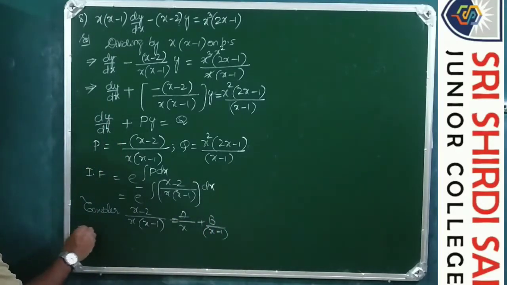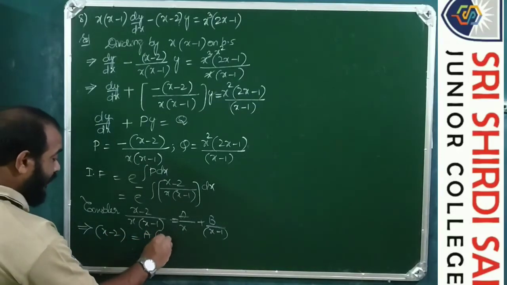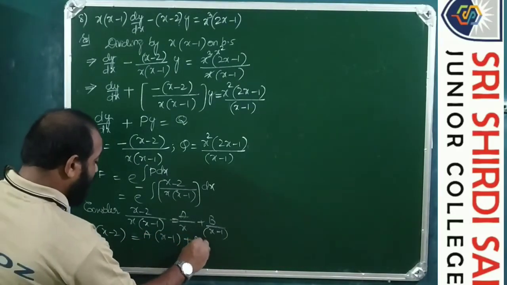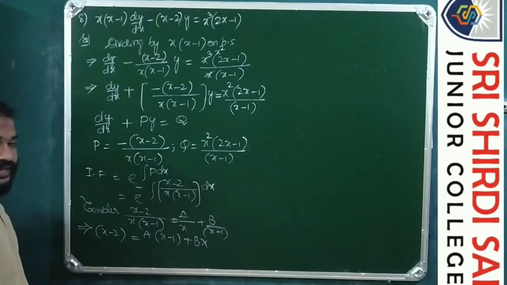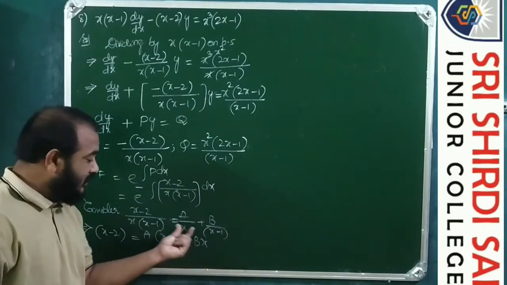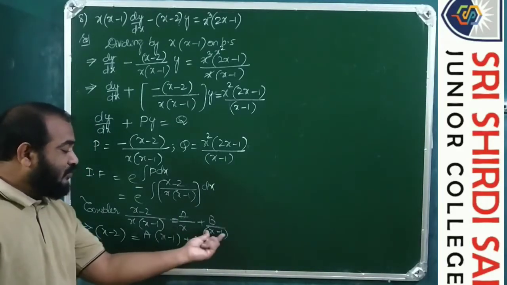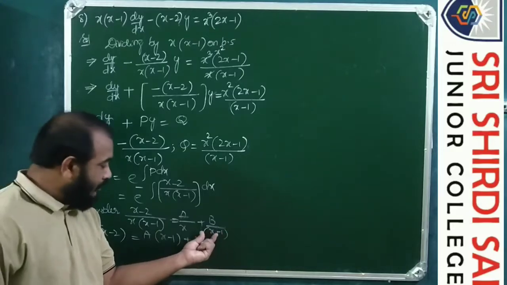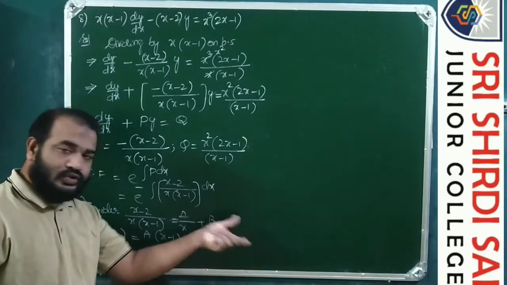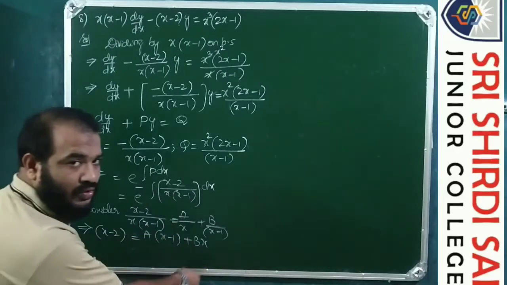This is equals to x minus 2 is equals to a into x minus 1 plus b into x. Let us take x equals to 0 and x equals to 1 because these are the roots. Since x and x minus 1 are the factors, make it to 0, x equals to 1 is the root. So let us take x equals to 0 and x equals to 1.